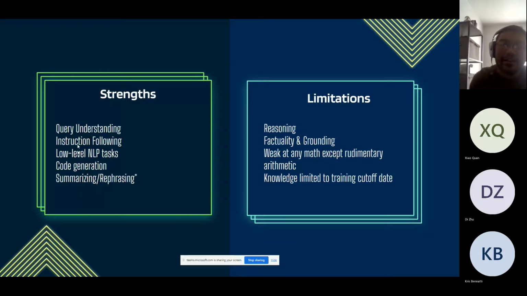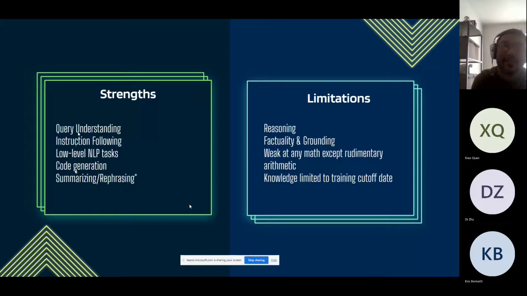But anyway, it's also really good at all the low-level NLP tasks which we used to spend years on building specific models for, like named entity recognition, constituency parsing, dependency parsing. And it is phenomenal at code generation.